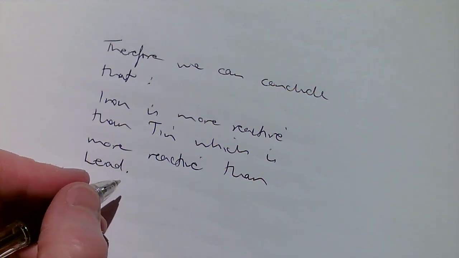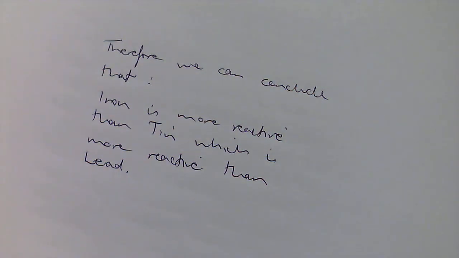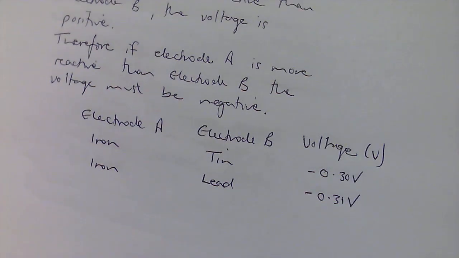Let's just have a look back at the original table now to confirm that we understand exactly how we would interpret that table. Remember that if electrode A was more reactive than electrode B, then the voltage must be negative.